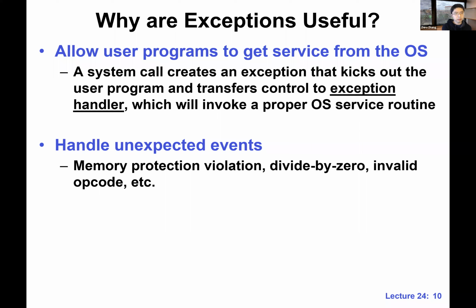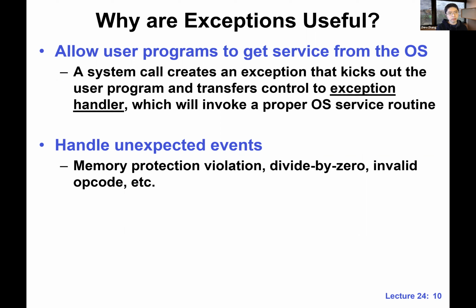Okay, these are exceptions. For example, the memory protection violation. This is not something that I elaborated too much, but there's actually another bit in the page table which indicates whether you are running in privileged mode or non-privileged mode. A regular user program usually runs in non-privileged mode, but the OS is also a program, and it runs in privileged mode.